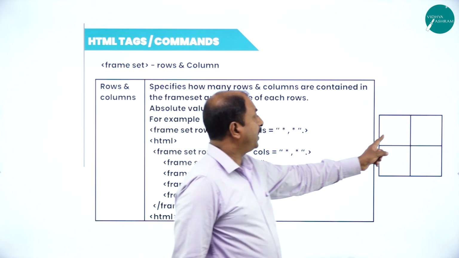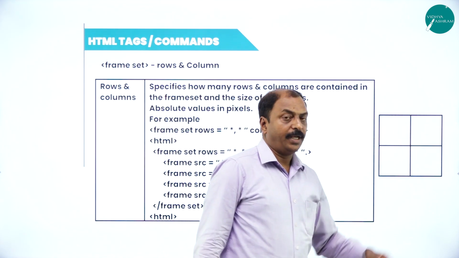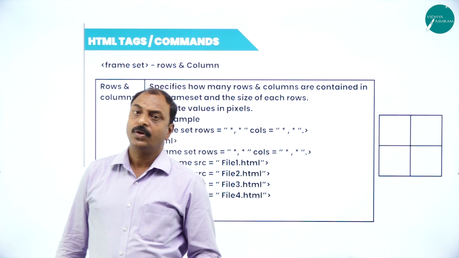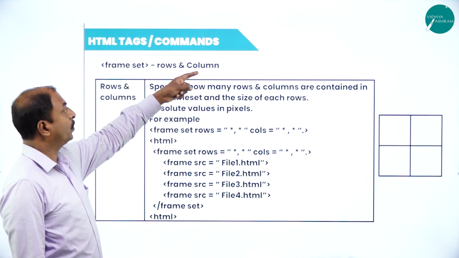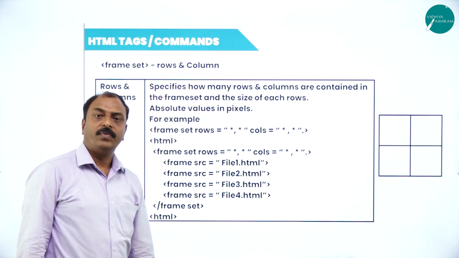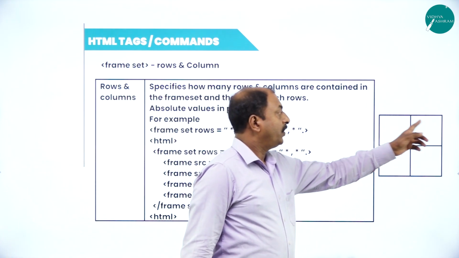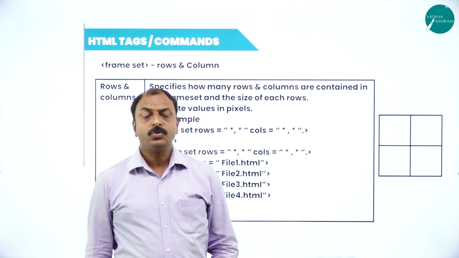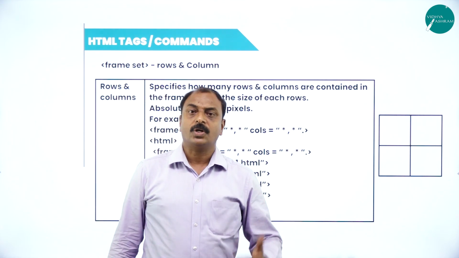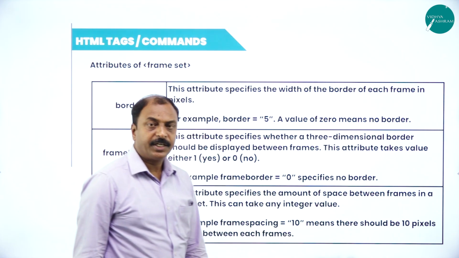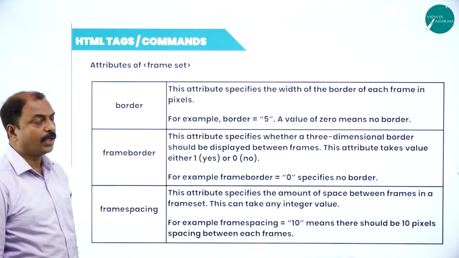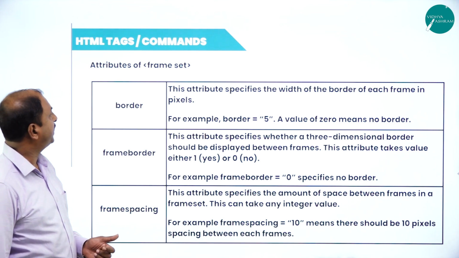So all the values are loaded accordingly into the number of rows and number of columns. So this is frameset rows and columns where we have divided the content layout into 2 rows and 2 columns. Now let us see other attributes we can make use of along with the frameset tag here.